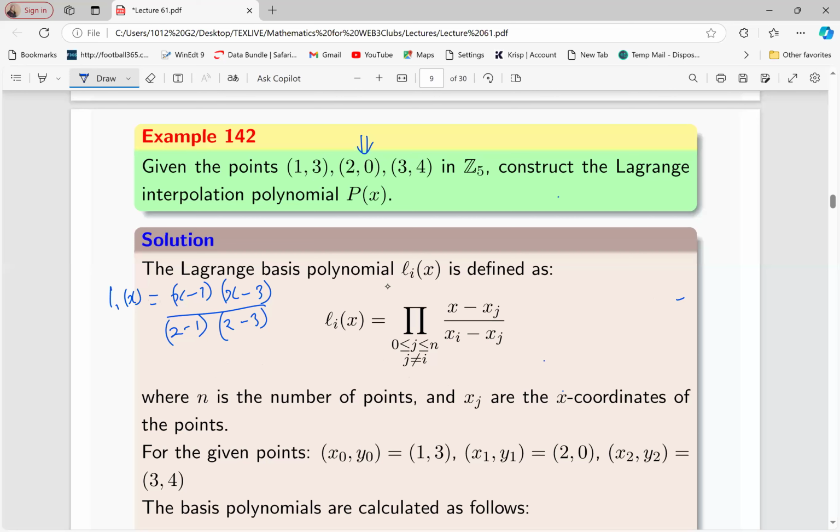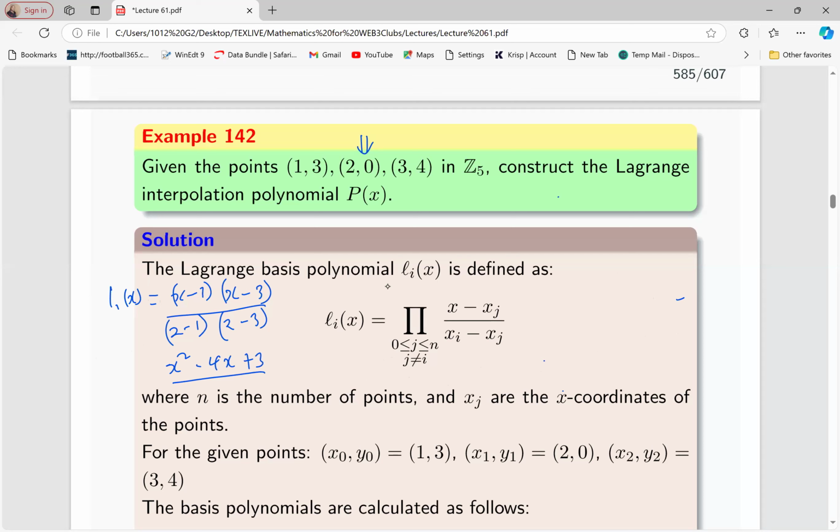The numerator, we may just want to simplify. When you simplify the numerator, we get x squared minus 4x plus 3. The denominator will be 1 times minus 1, which is minus 1.